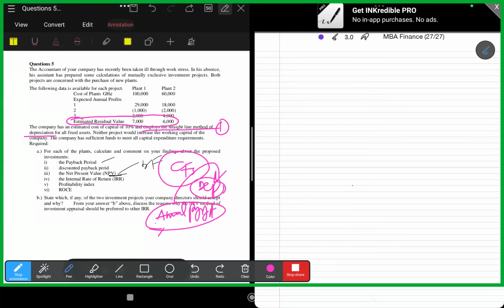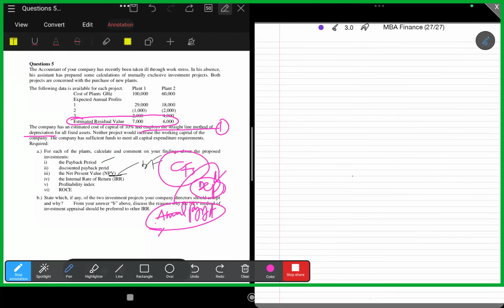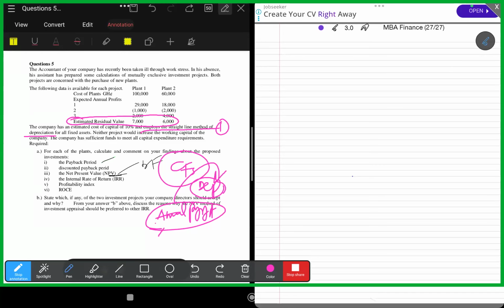So though the question may not make mention of depreciation, if there are annual profits estimated for each year, and the question gives an estimated residual value, we will know that because of the residual value, and because it's an annual profit under capital budgeting, we have to go and calculate depreciation. Do you understand it? Yeah.